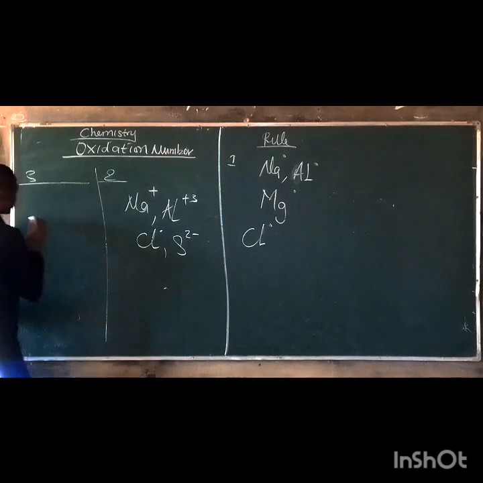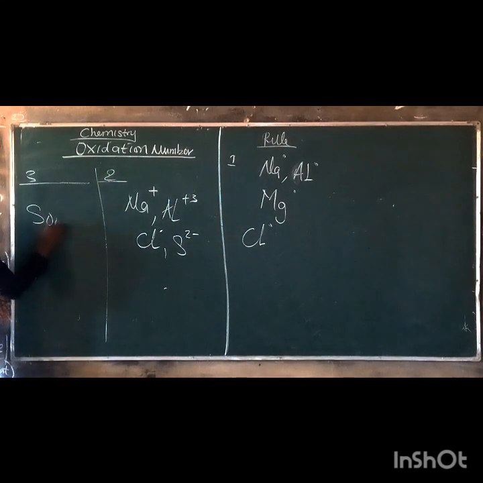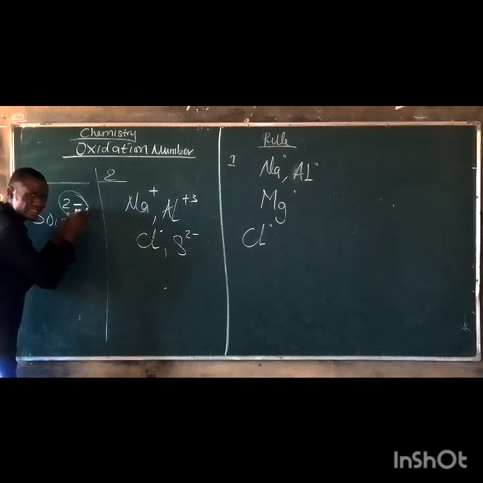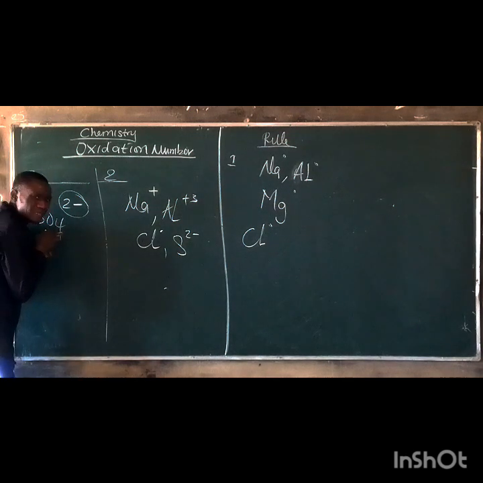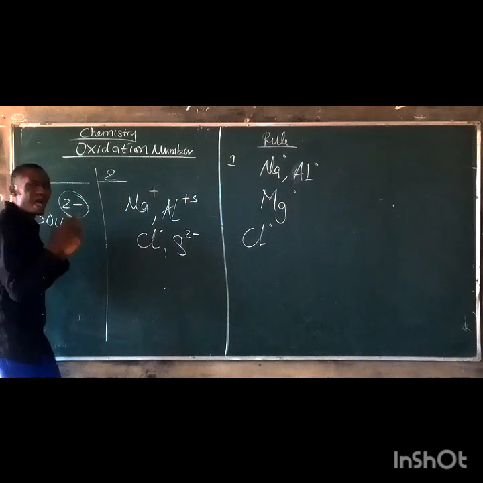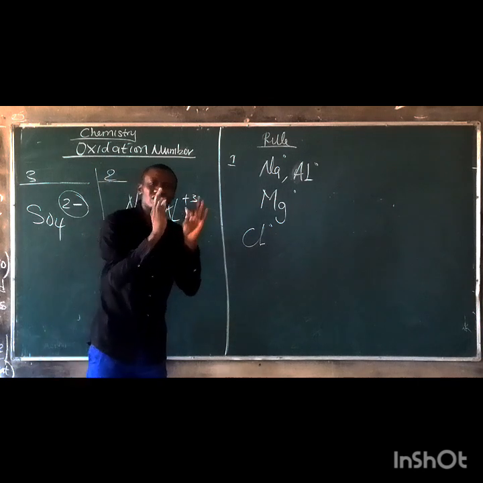Now, this overall charge is the oxidation number for all of this, alright? Because their overall charge represents their oxidation state. But meanwhile, the individual elements have different oxidation states.